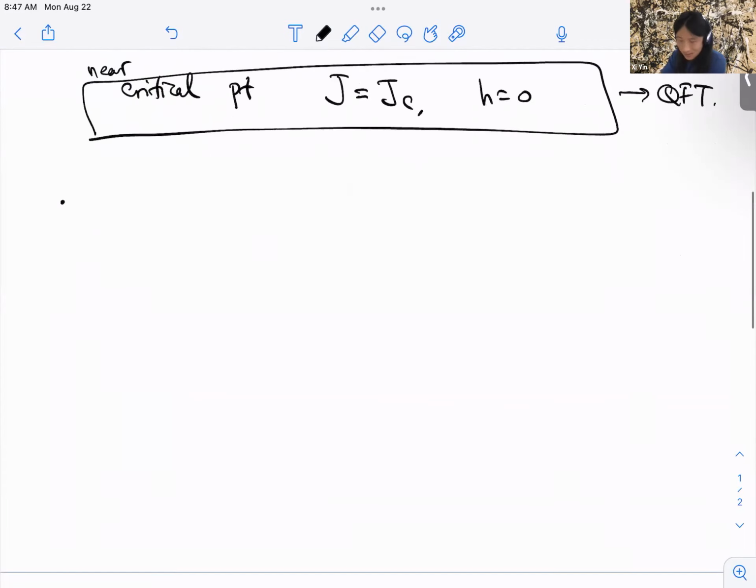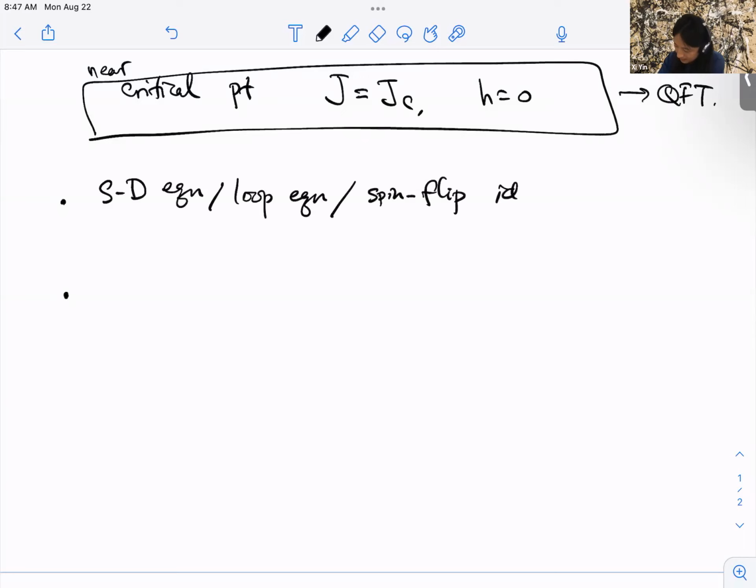But let me review these two essential ingredients. The first is what one can call the Schwinger-Dyson equation, or loop equation in the context of lattice gauge theory. This is not lattice gauge theory, but nonetheless, one can call this the loop equation. But more appropriately in this context, we can just call it the spin flip identities.